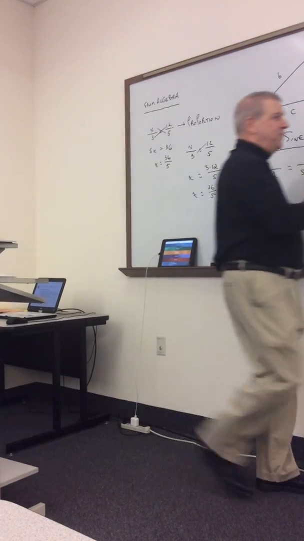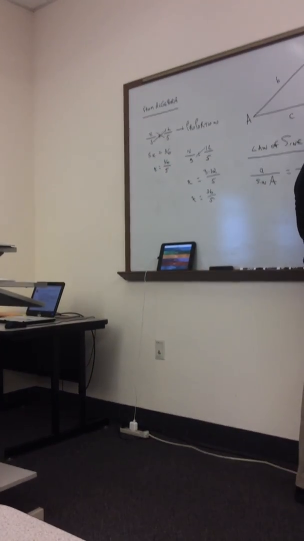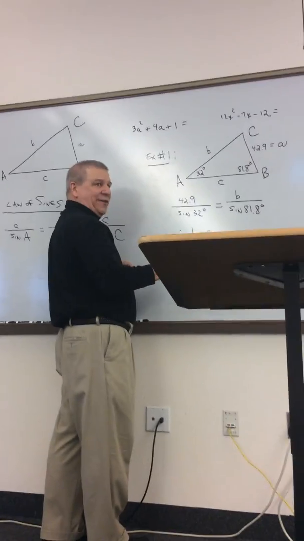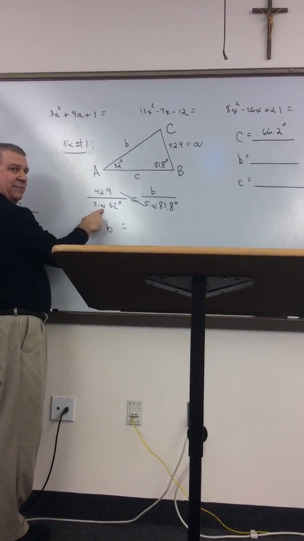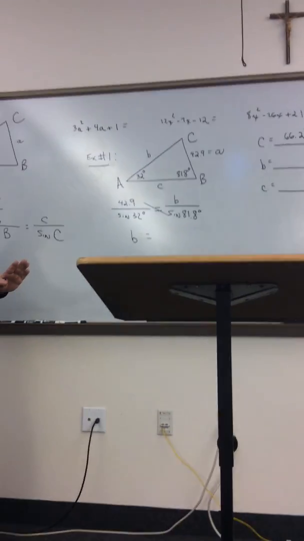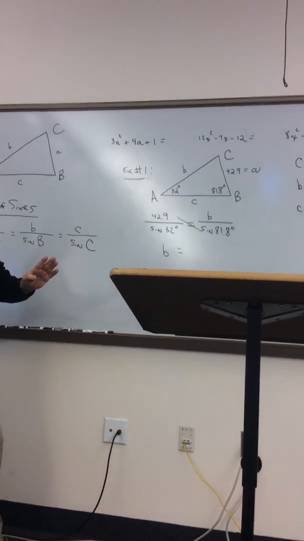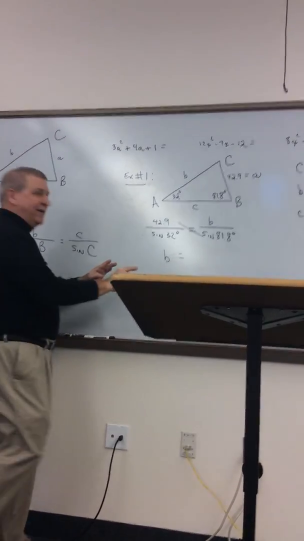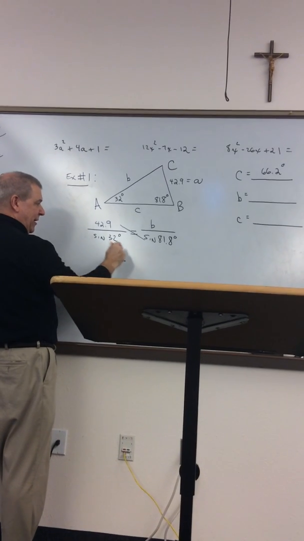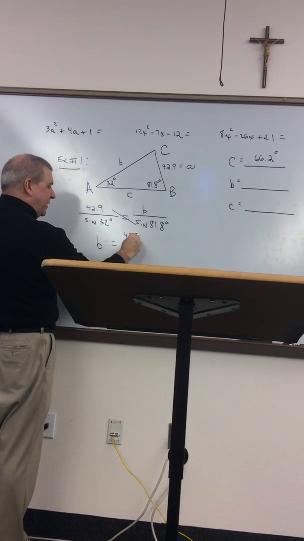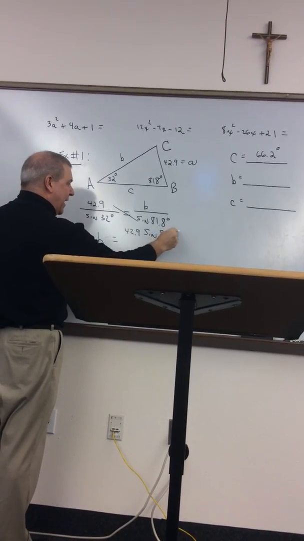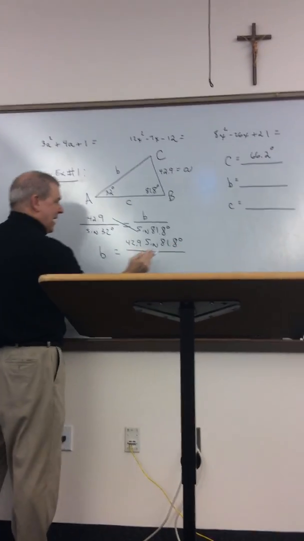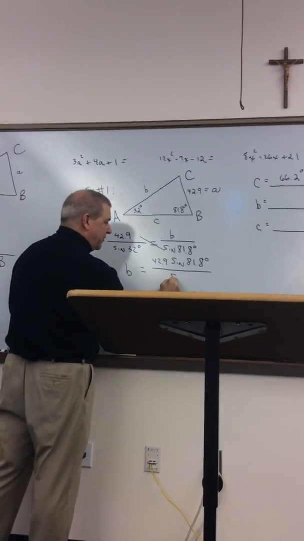So B will equal, watch this, this times that divided by that. If you have a question, you got to ask me right now, because you're going to be using this law of sines a lot. Get this down in the first day. B will equal 42.9 times the sine of 81.8 divided by the sine of 32.